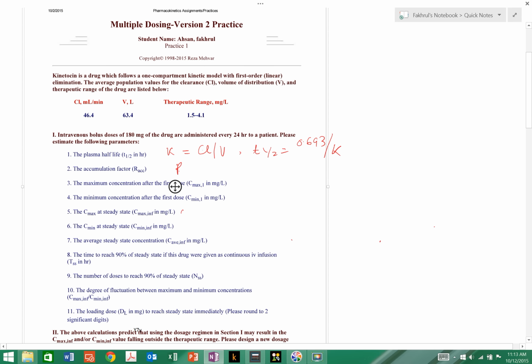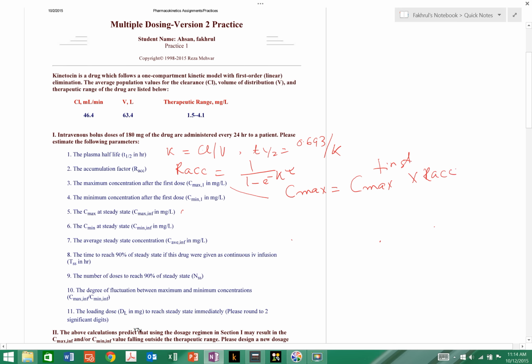And for RSCC you have to use this equation. You already know RSCC is equal to 1 over 1 minus e to the negative K tau. This has to be tau. And then for Cmax after first dose you have to calculate Cmax steady state, which is Cmax first multiplied by RSCC.